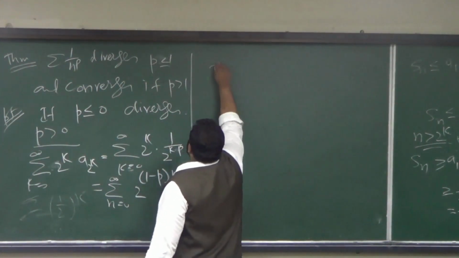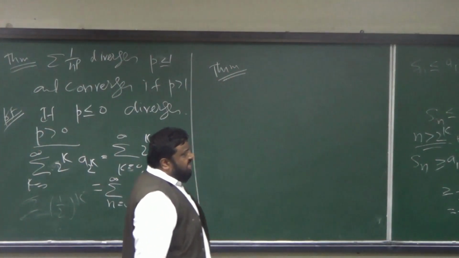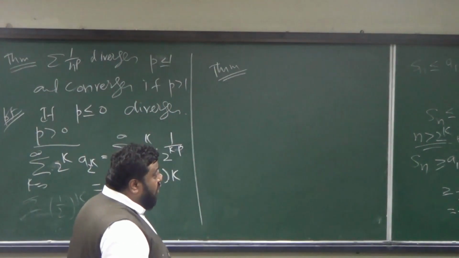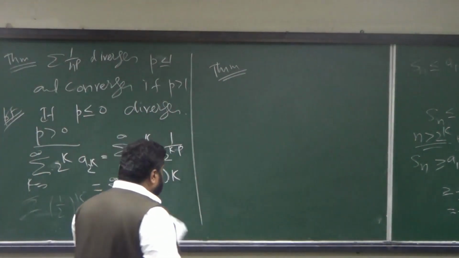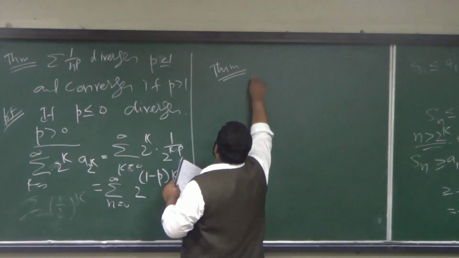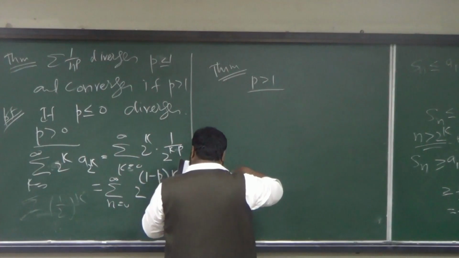I will not prove this theorem, I will just state it, and the proof is in the book, see it yourself. It also follows from this same idea. It's just a slight variant of this series.